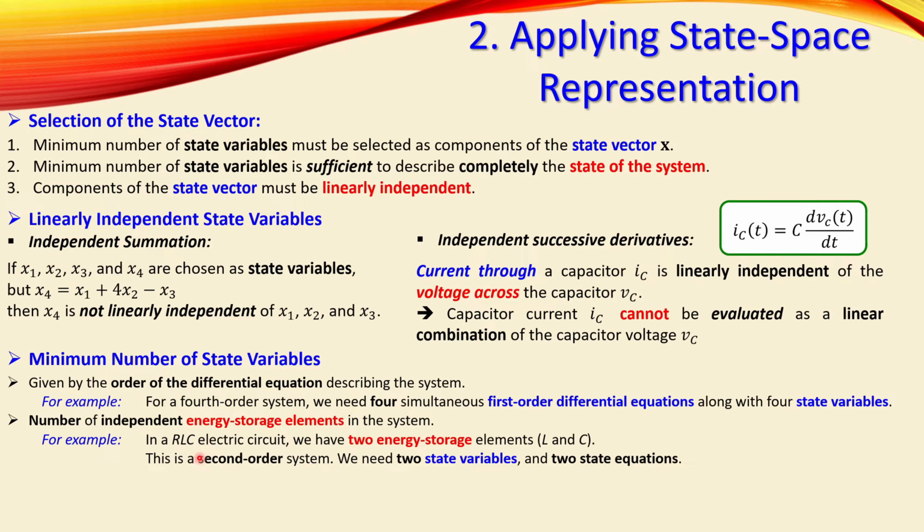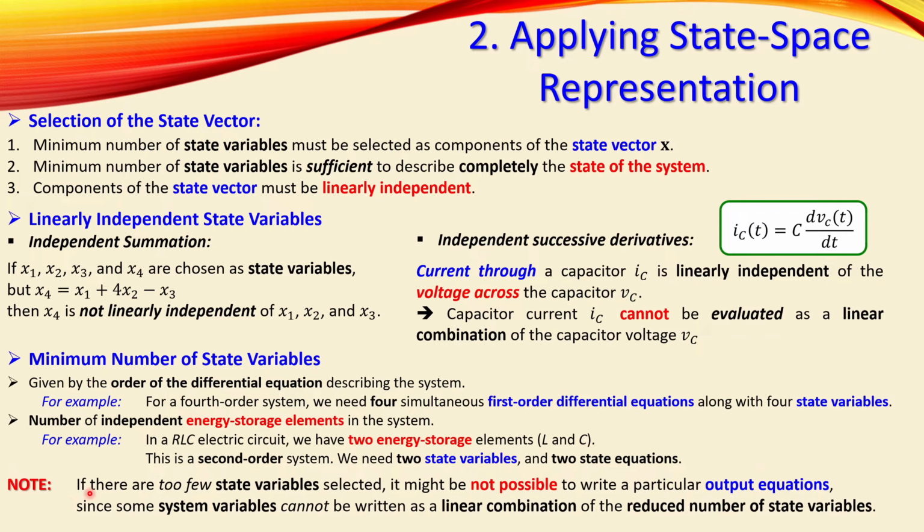If you have an RC circuit in cascade with another RC circuit, say 3 or 4 RC circuits in cascade, then you will have a third or fourth order system, and you again have 3 or 4 state variables required. Really depending on the order of the differential equation of your system. That's actually the key point here.